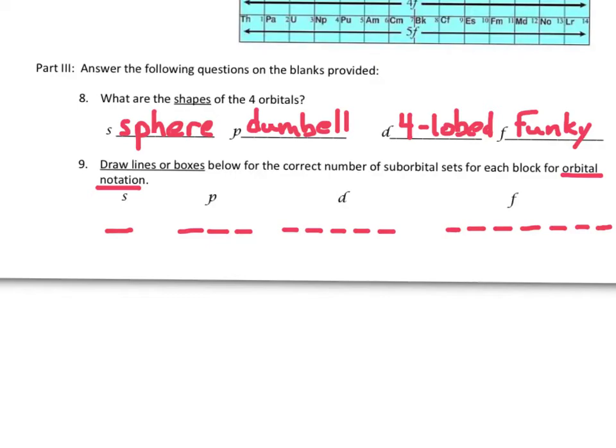On each dash, there can be 2 arrows, a clockwise spinning and a counterclockwise spinning, representing the 2 electrons that can fit into each suborbital. A complete suborbital has 2 electrons.